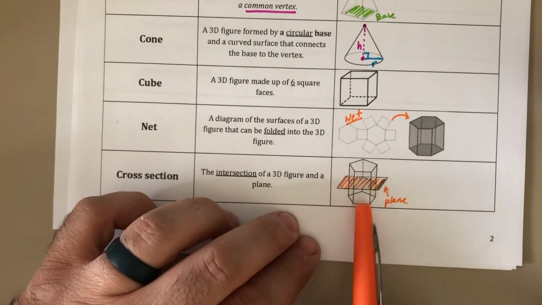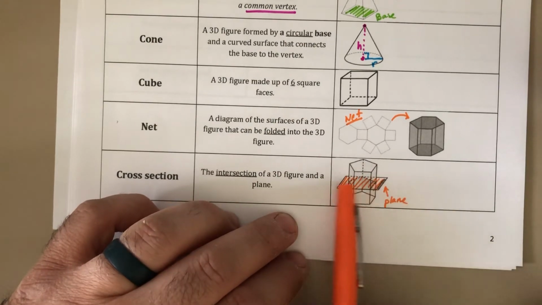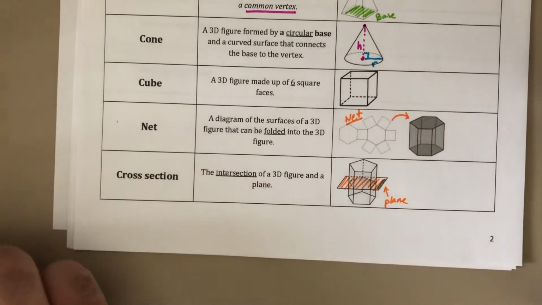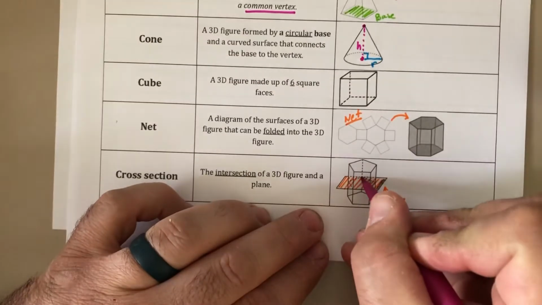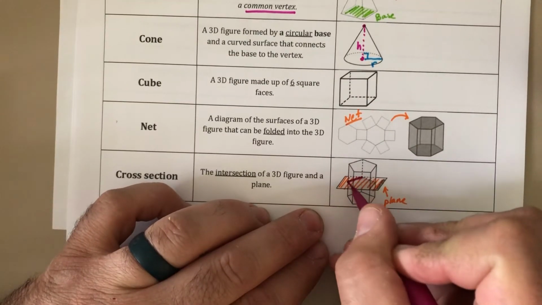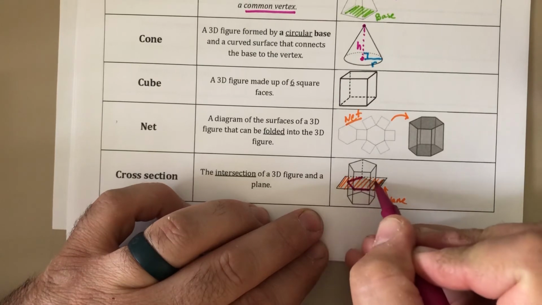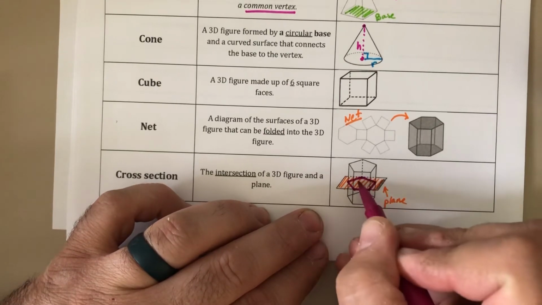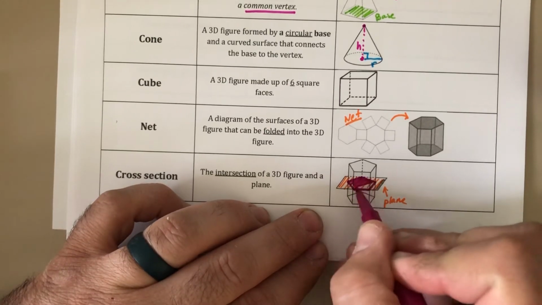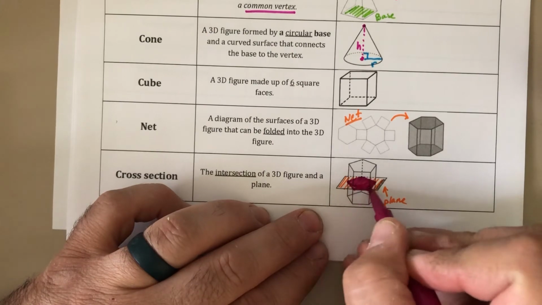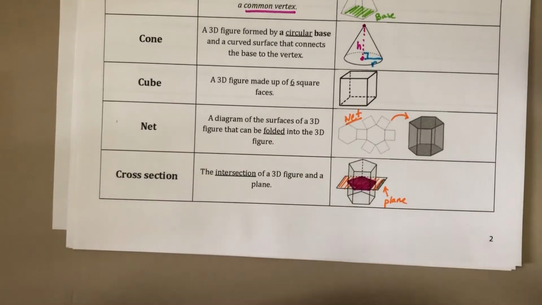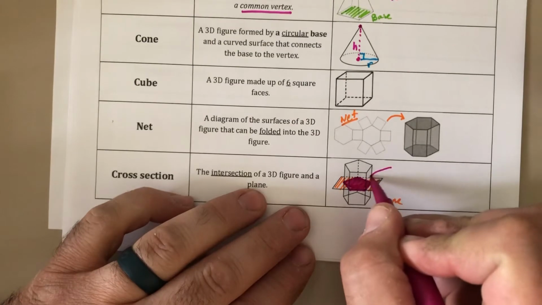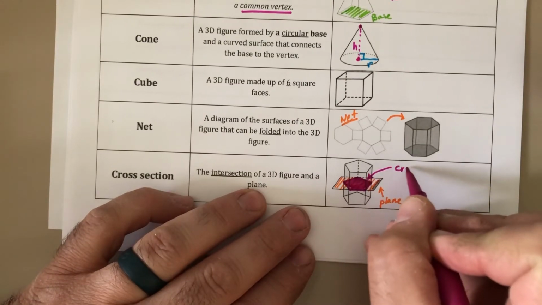So this plane is sliding through it, and the question is, what is the shape created by that? It's that little piece right here that I'm going to outline. That guy. That's not a rectangle, that's a pentagon. And that pentagon is our cross section.